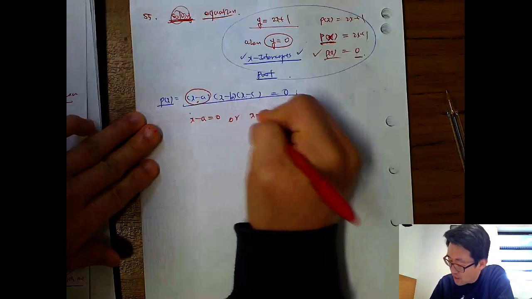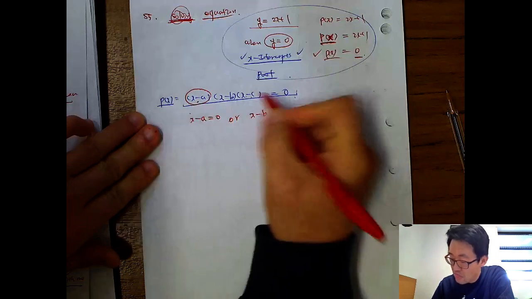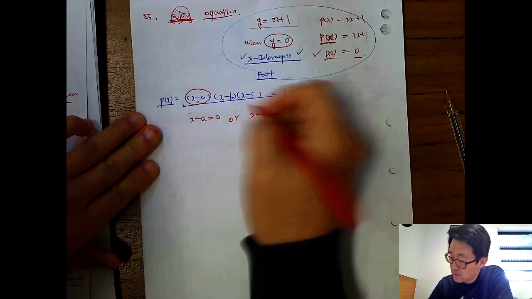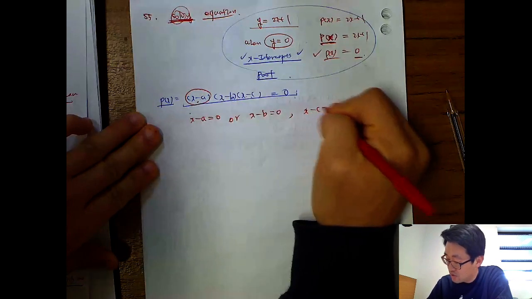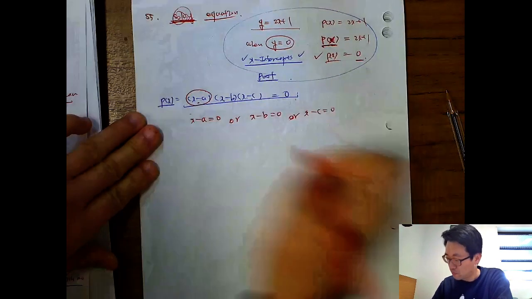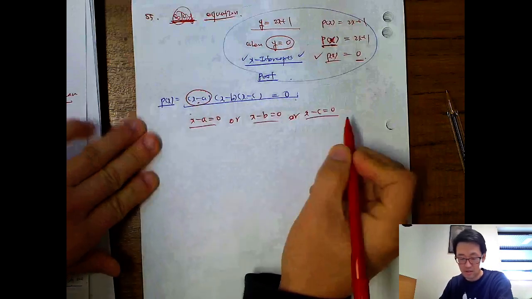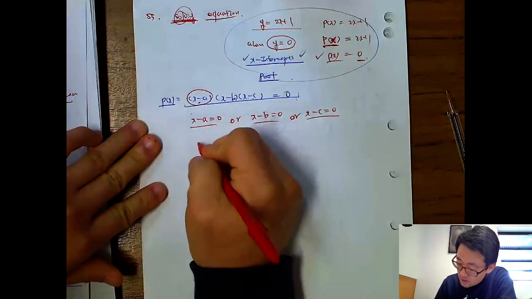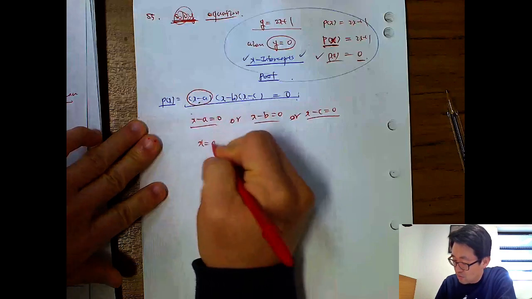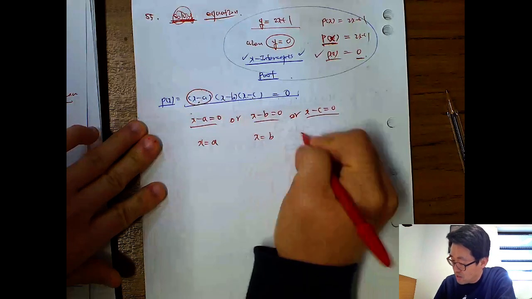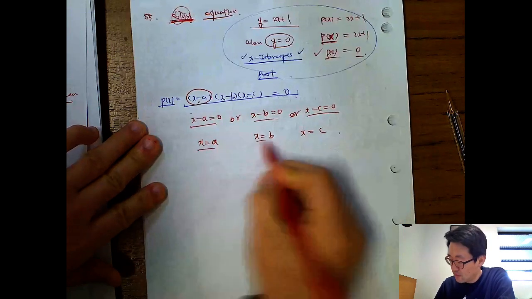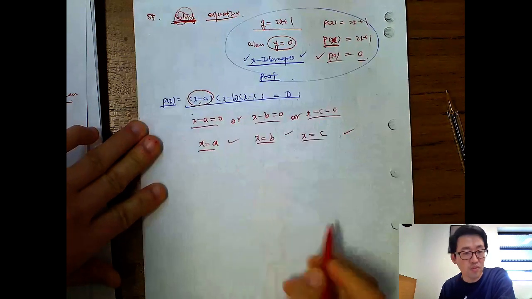Or x minus b equals 0, then also it doesn't matter whatever a or c is, that will be 0, or x minus c equals 0. That's the three possibilities, isn't it? I'm doing null factor law. That's what we're doing so far.